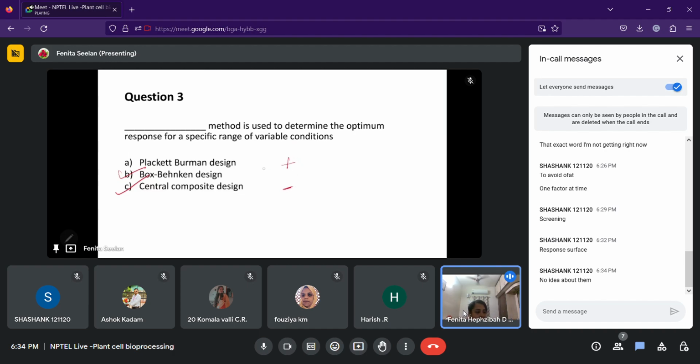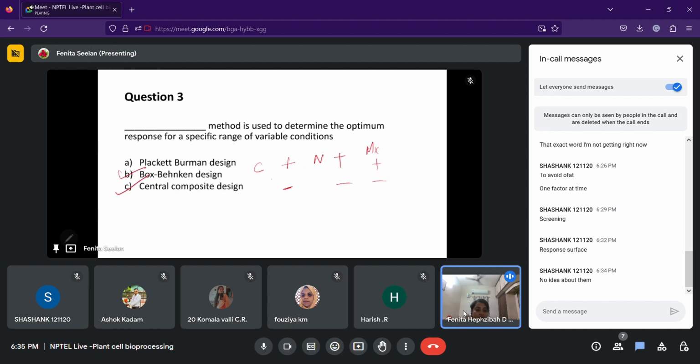Say for example, if it is a carbon source, high and low, nitrogen source, high and low, and your micronutrients, high and low. Like this, you will keep on doing this. Say this is three factor, right? Carbon, nitrogen, macro is there, phytohormone is there, like that. From this you will identify the most significant one, which one is positively impacting your design and negatively impacting your design.